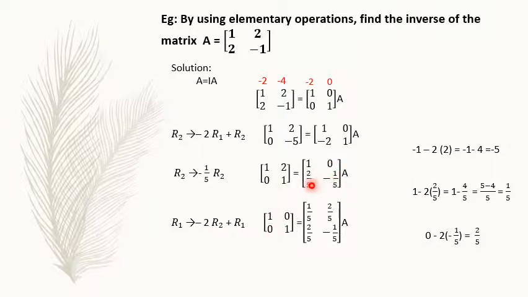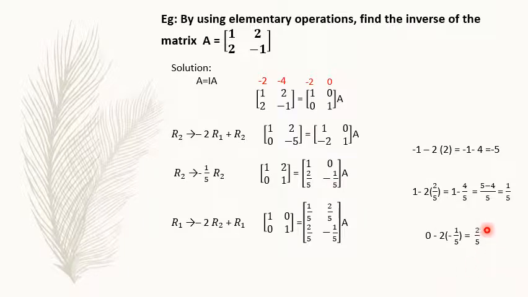The same operation we need to apply here. Minus 2 R2: minus 2 into 2 by 5 plus 1, so we will get 1 by 5. Same here: minus 2 into minus 1 by 5 plus 0, that is 0 plus minus 2 into minus 1 by 5.